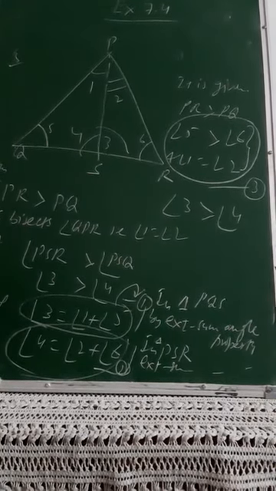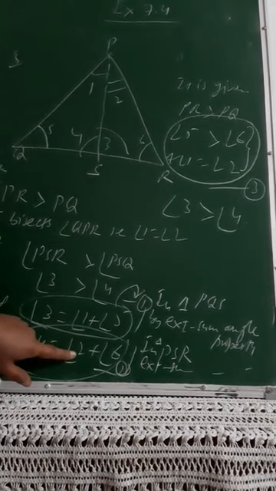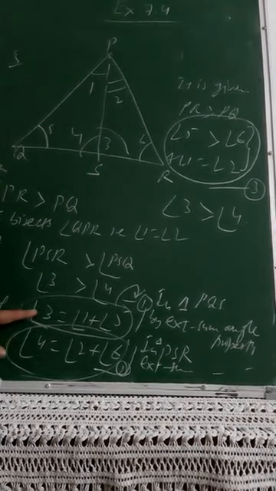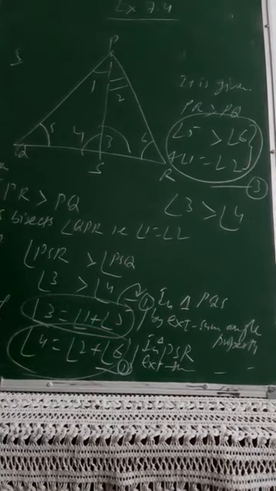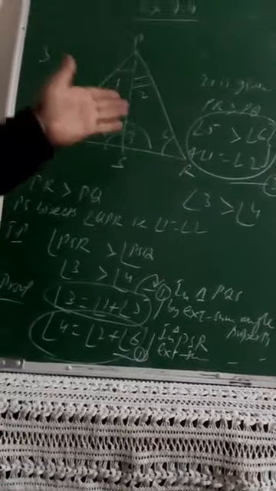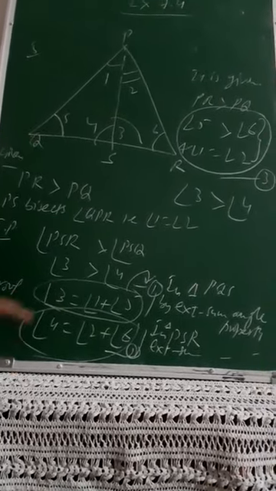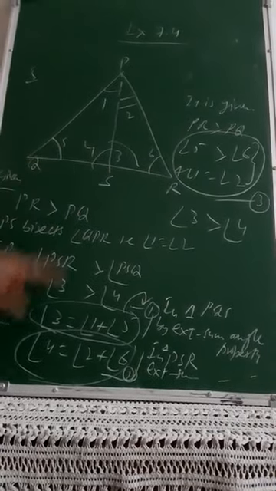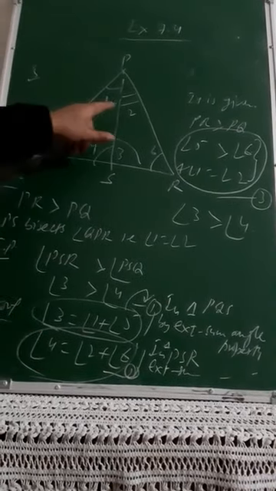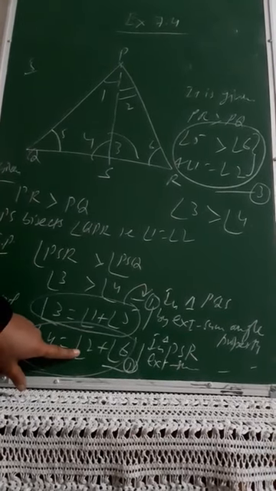Here you see why 1 is equal to 2. Suppose 3 is equal to 70 degrees. Then what is 4? Now 1 is equal to 2, so if here it is 30, here it is also 30.